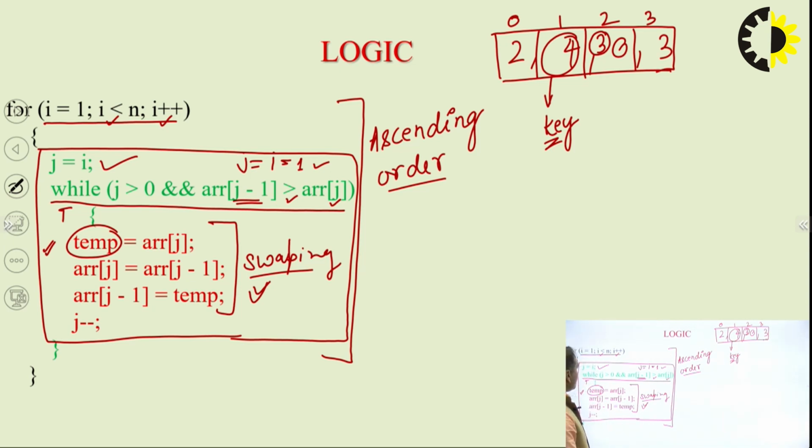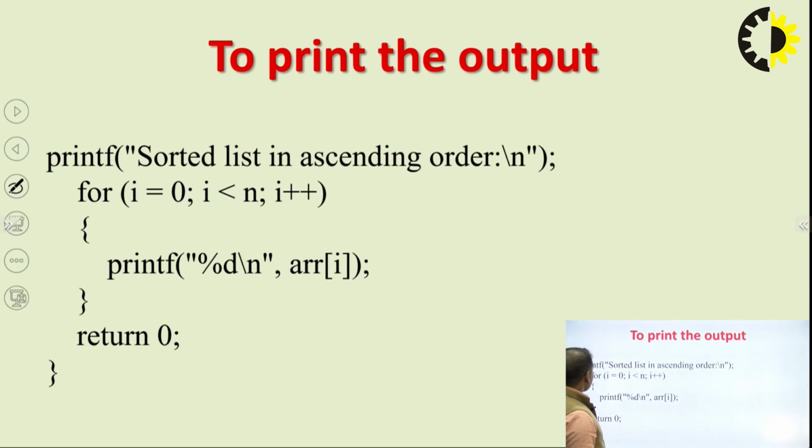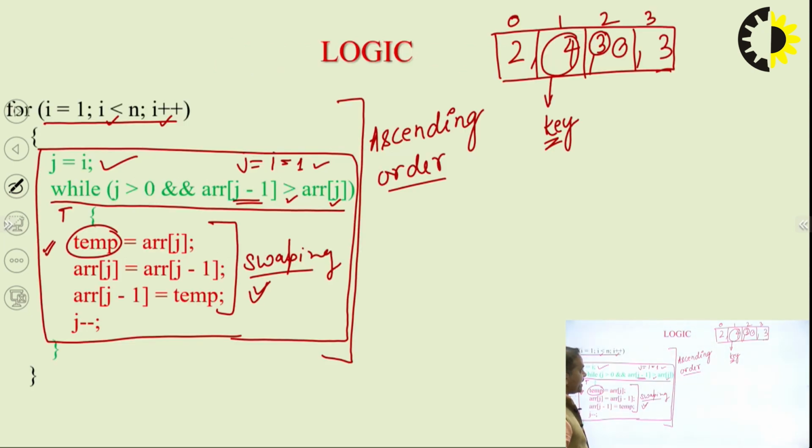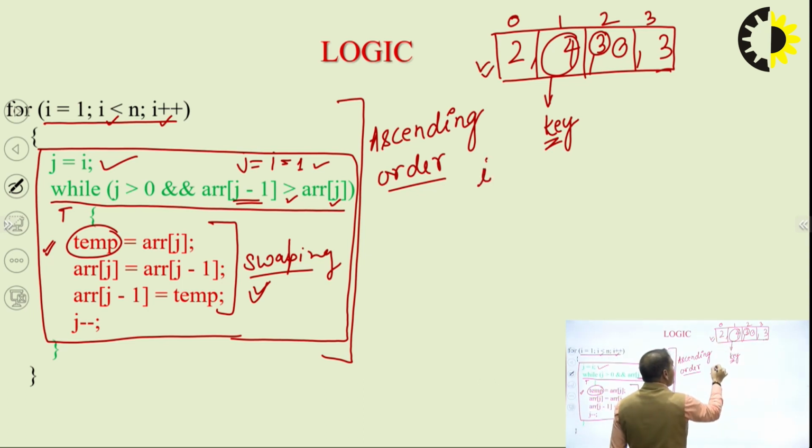And the last one is how to print the given sorted elements in a particular order. Here we want to show how the given code is executed. At the initial condition, i equals 1.